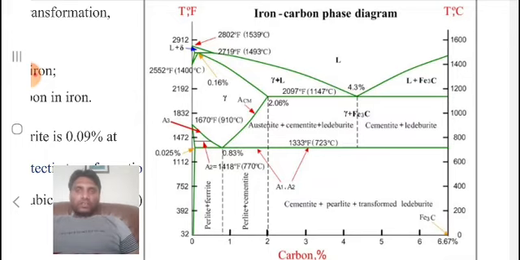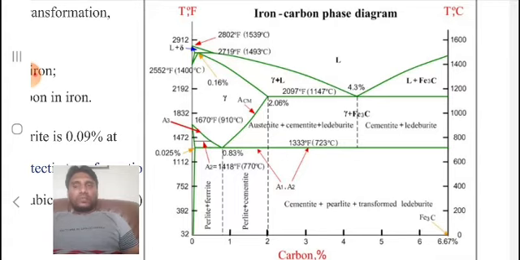We can change a ductile material to a brittle metal, or a brittle metal to a ductile metal, using heat treatment techniques. So the mechanical properties can also be changed by the heat treatment process.